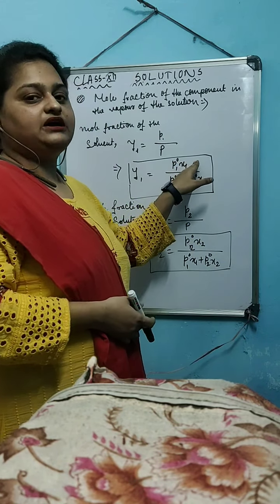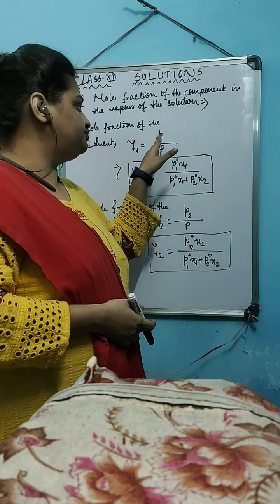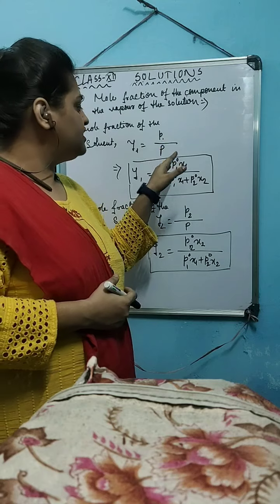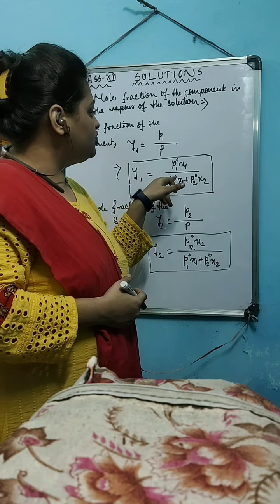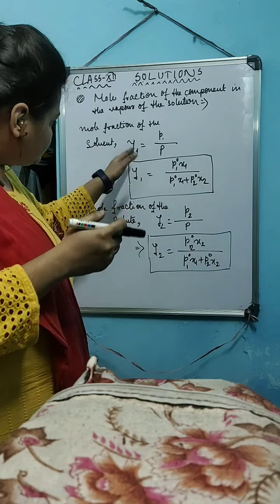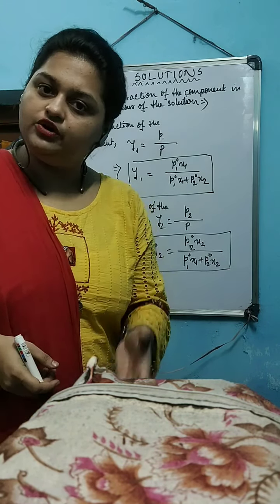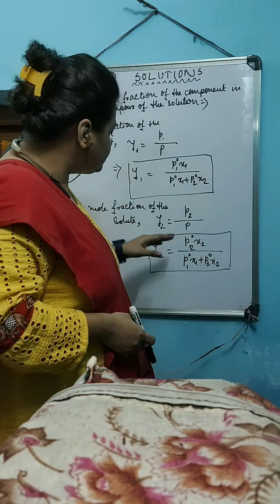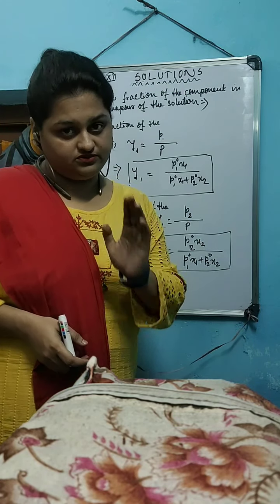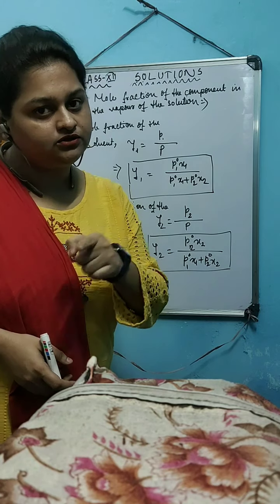P1 is represented by Raoult's law as P1 naught X1, and P from Raoult's law is expressed as P1 naught X1 plus P2 naught X2. Similarly, we can find the mole fraction of the solute in the vapor phase, which is represented by Y2. This is different from the mole fraction of the solute X2 in the solution.